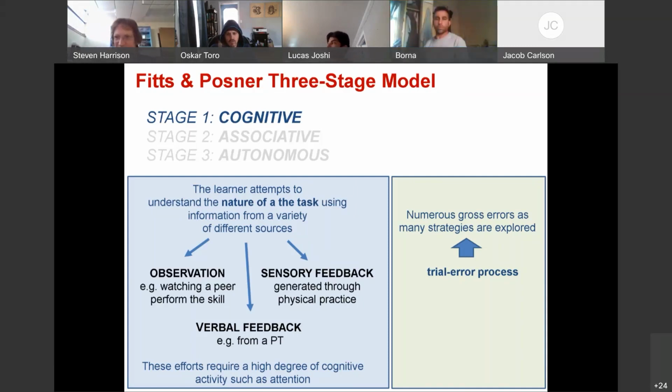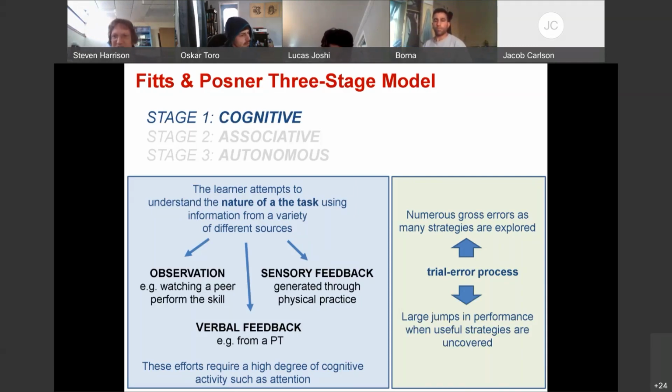Depending upon where you are on that continuum, you're going to get smaller errors or bigger errors. So what does this mean? This means that as you're trying out these different gross types of strategies, you're going to see large improvements at certain times when you've uncovered an effective strategy.